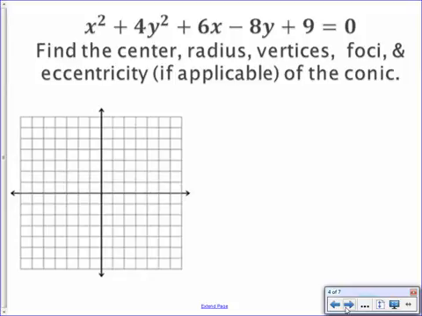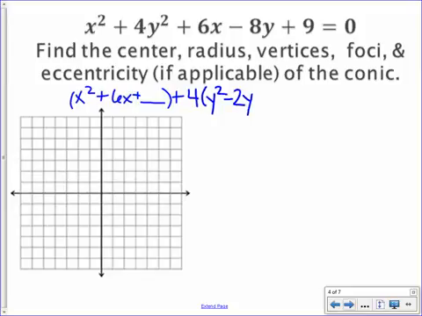So what I'm going to do is group the x's together so that I can complete the square. I'm going to need more room than that. And then I'm going to group my y's together, but notice how y squared has a coefficient of 4, so what are we going to have to do with that? Factor it out. So I have y squared minus 2y.